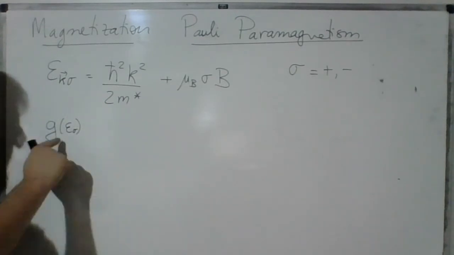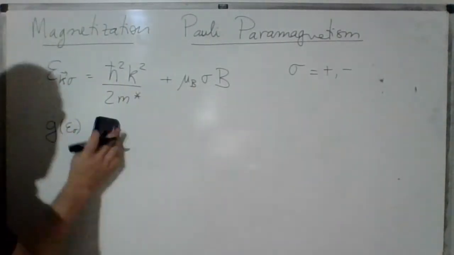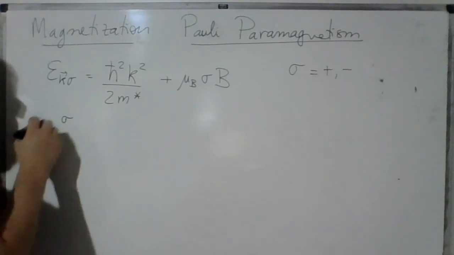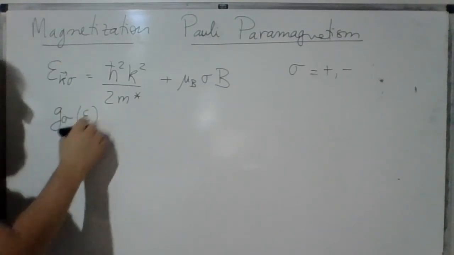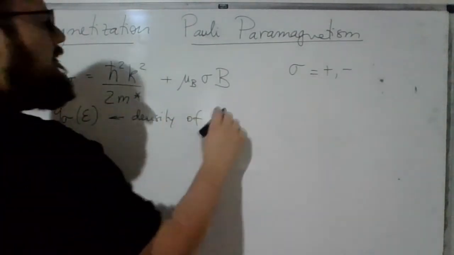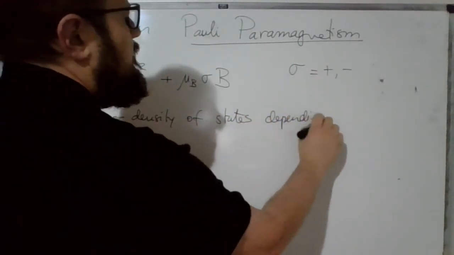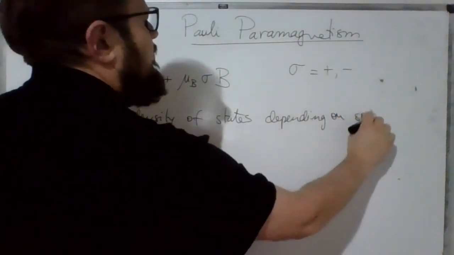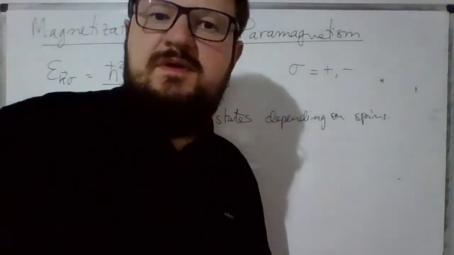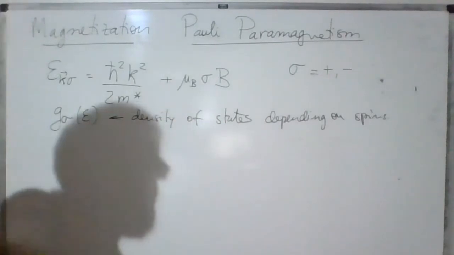If you want to calculate now for the spins, the energy is depending on spin, and you'll have a density of states depending on spins, because now spin plays a fundamental role, just producing some energy shifts.